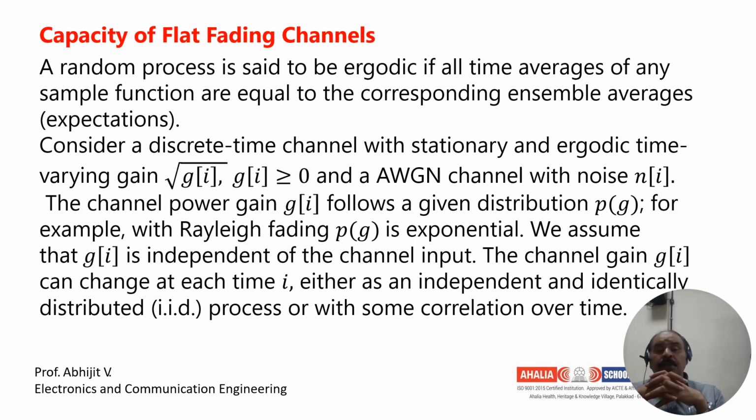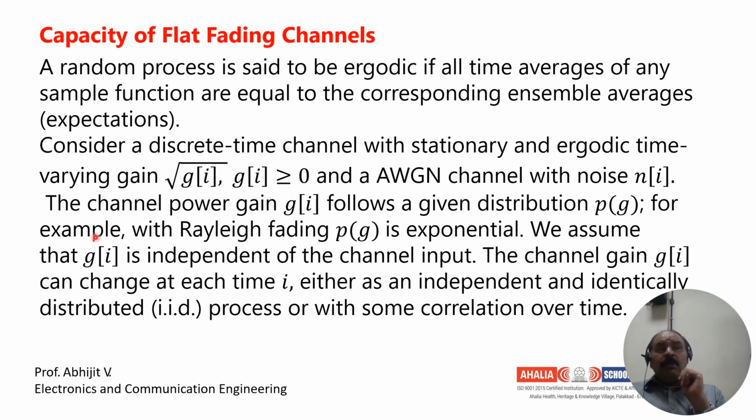Now let us consider a discrete time channel with stationary and ergodic time varying gain given by root of g of i, where g of i is greater than or could be equal to 0, and an AWGN channel with noise n of i.